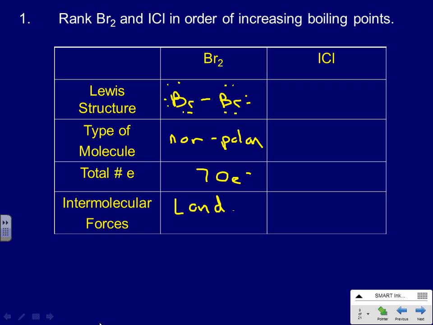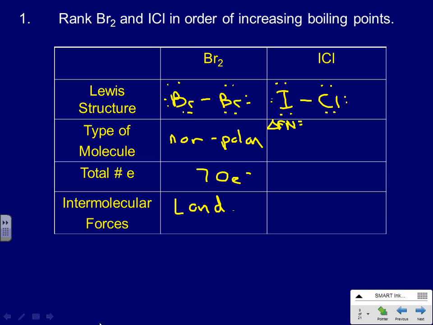Now this is ICl, all right? What we've done is we've taken an iodine and we've bonded it with a chlorine to do this type of thing. And now they're different. So when we look at type of molecule, I need to look at the delta EN. So I need the electronegativity for iodine and the electronegativity for chlorine. And you could just tell me the delta. I don't need to see both of them. What's the delta when you subtract the two?